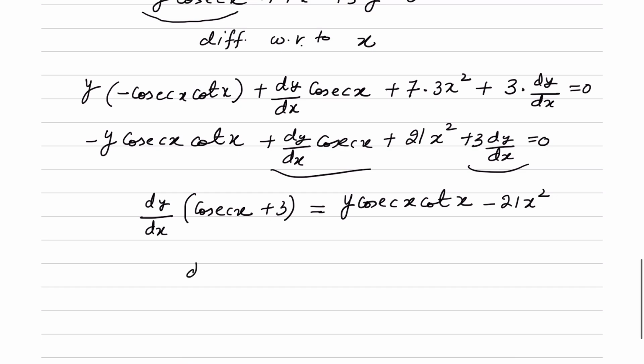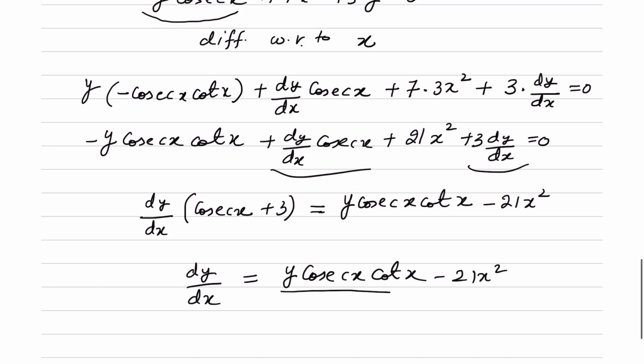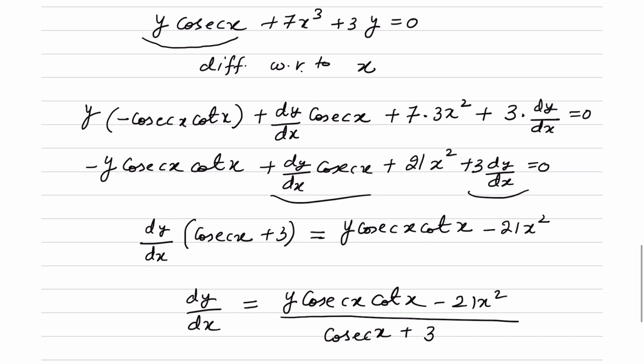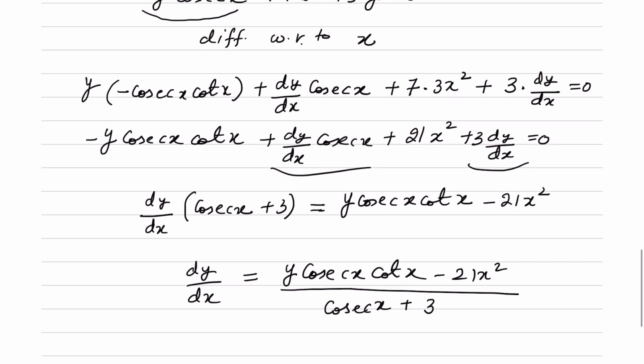Let's find dy by dx from here. We have dy by dx is equal to y cosecant x cot x minus 21x square whole divided by cosecant x plus 3.